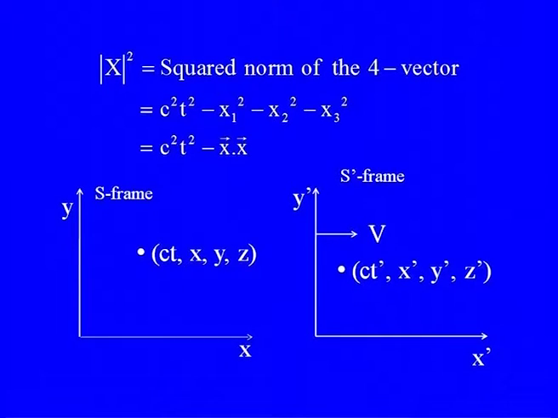Let's say we go from the S frame, where you have the coordinates ct, x, y, z, and the same event is measured from the S prime frame at a certain time t prime and x prime, y prime, and z prime. Of course, you now know that these are related by Lorentz transformations, which we have covered earlier.